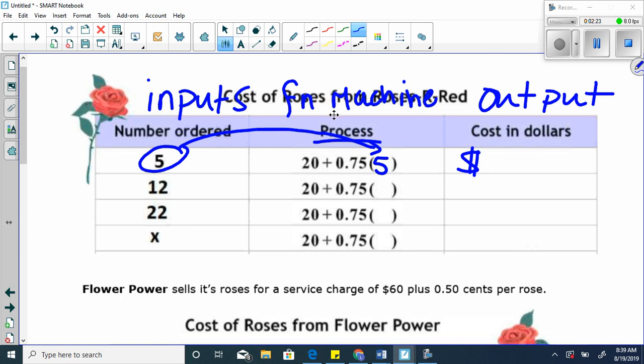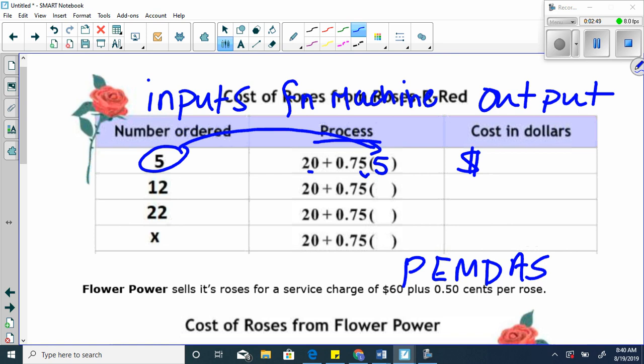Now, when you plug this in, you've got to be careful because you've got to think of order of operations. Who's heard of PEMDAS? Good. PEMDAS. Multiplication comes before adding, right? So I have to multiply these before I add the 20.